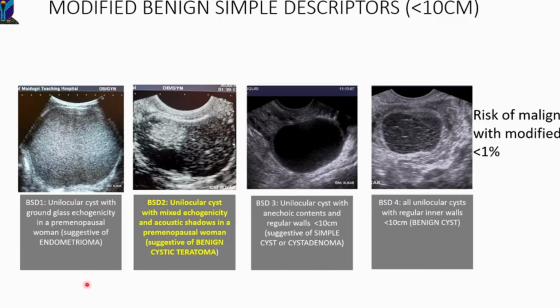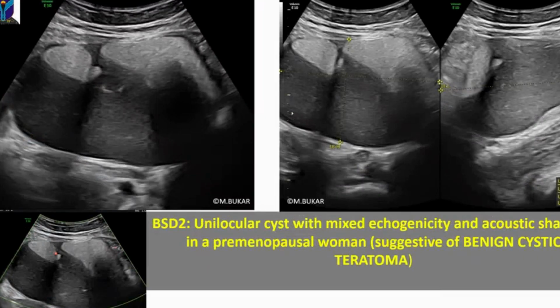Right. So let's see this lesion. This is a unilocular cyst. Remember that the fat globule in a dermoid is not considered as a solid lesion. And you can see that the measurement is less than 10 centimeters.